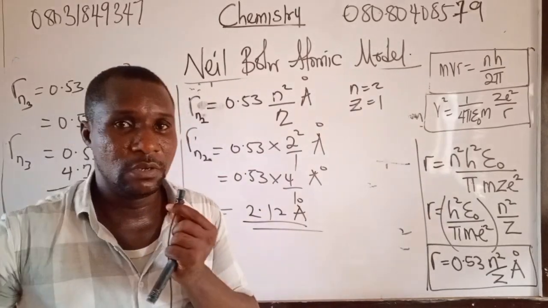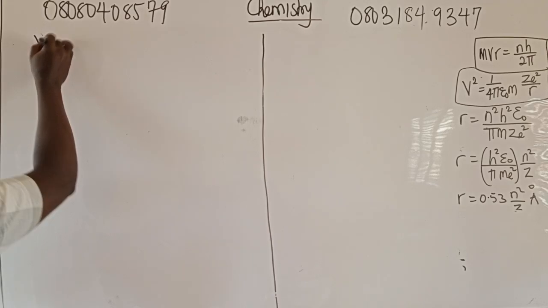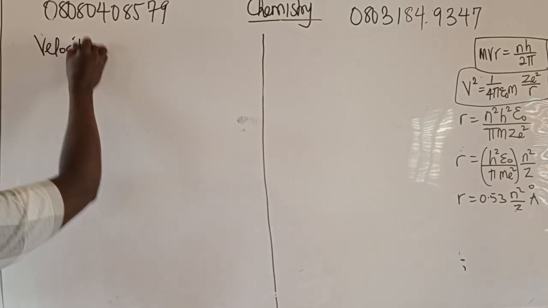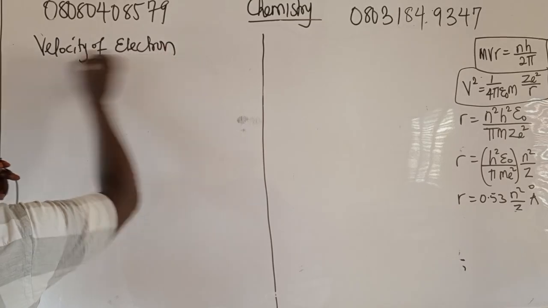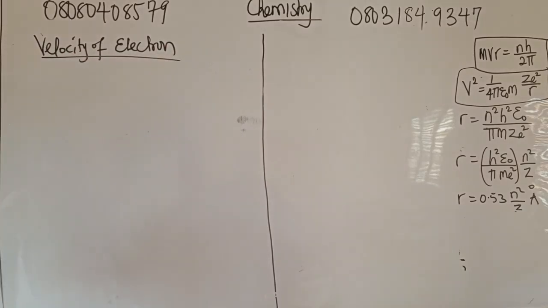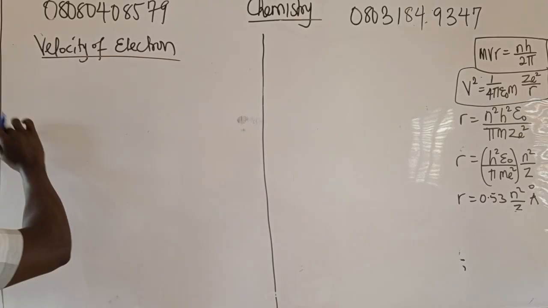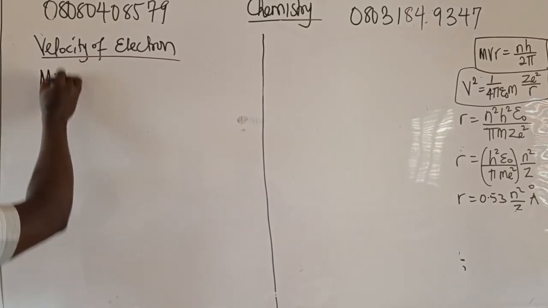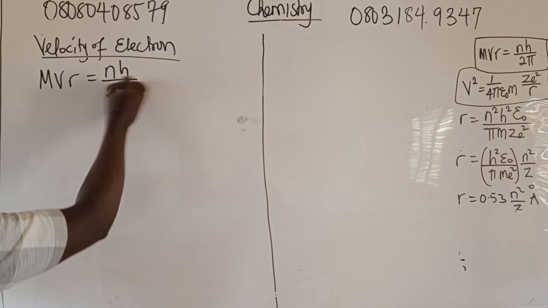Let's go to the next one, which is the velocity of electron revolving round the nucleus. To get it, I use the formula nvr equals nh over 2 pi.